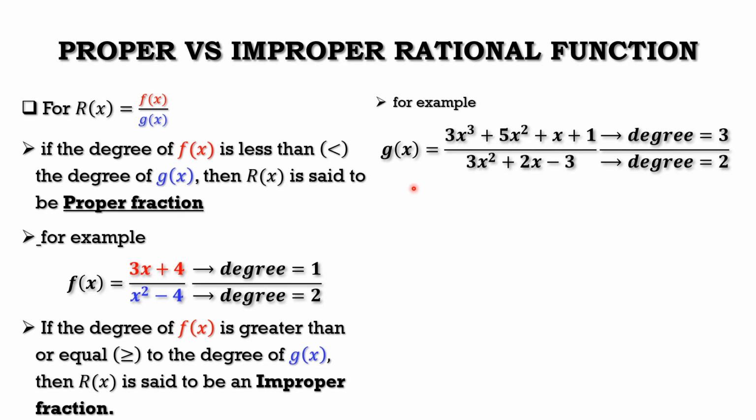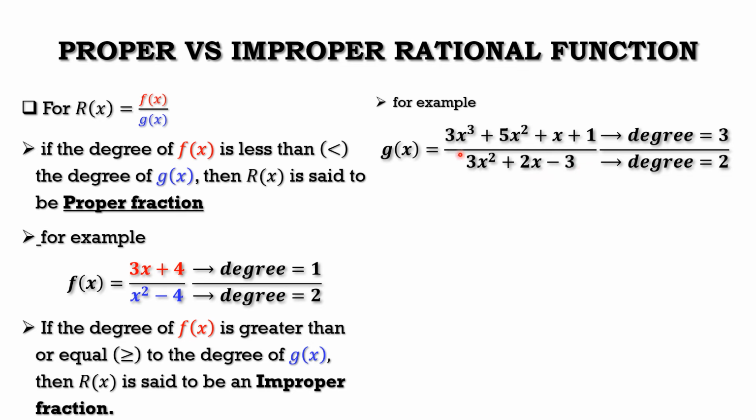So we have f of x equal to 3x cubed plus 5x squared plus x plus 1. Here it is a polynomial of degree 3. So the degree of this polynomial is 3 because the highest power of the variable x is power 3. That is the independent variable. And when you go to the denominator, we have a polynomial of degree 2.